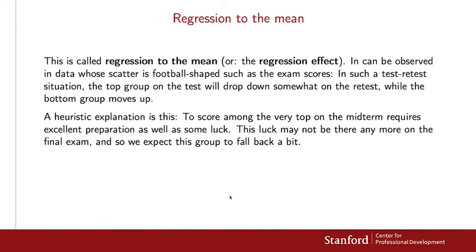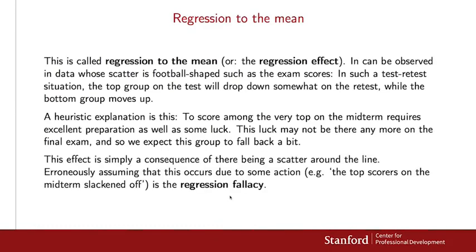Now, when we go to the retest situation, like the final exam, then some of the students may not have that luck anymore in their favor. And that's the reason why we expect this group to fall back a little bit. The same thing applies to the bottom group. The worst score is probably due to some degree to some bad luck, and on the retest situation there's hope that this bad luck is not there anymore.